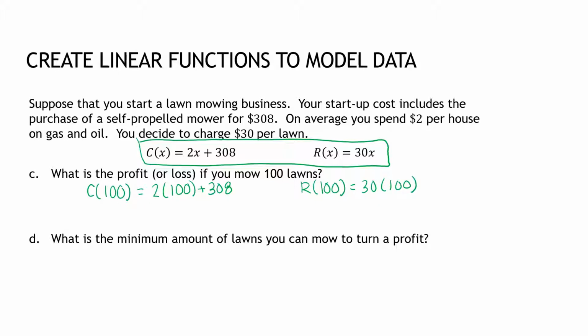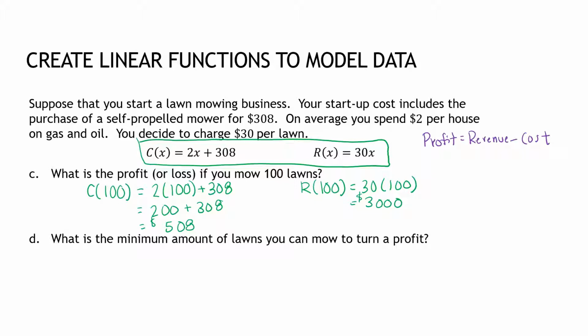So for my first one, for cost, I get 200 plus 308, or at 100 lawns, it costs me $508 to run my business. For revenue, 30 times 100 is 3,000, so I'm making a revenue of 3,000. So now what? Because I still haven't answered the question. Well, we know that profit is equal to revenue minus cost. And again, if profit is positive, that would mean revenue was greater than cost.